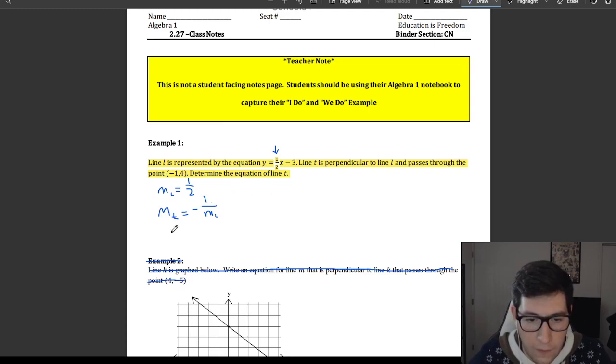The reciprocal of 1/2 is going to be 2, right? Because with fractions, I'm actually just flipping this. So I'm going to have 2 over 1, which is equal to 2. And then I'm going to have this negative sign here. So because of that, I know that the slope of line T is going to be equal to -2.